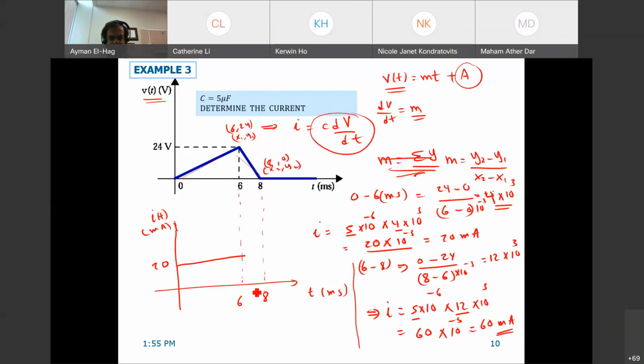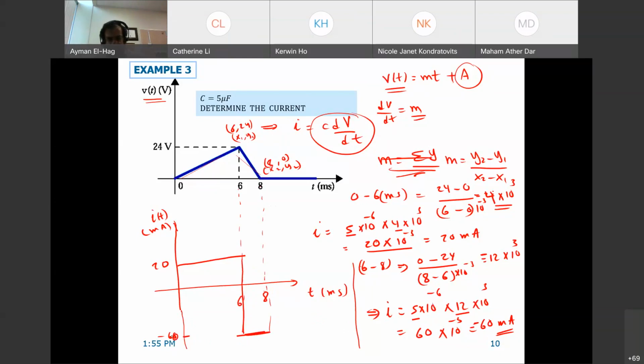So between 6 and 8 here, there is a minus, sorry, 0 minus, exactly, this will be negative, so this becomes equal to minus 60. So here we will have 20 and then minus 60.